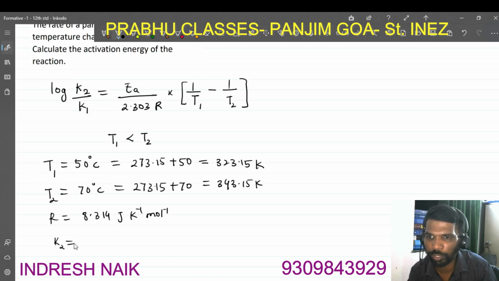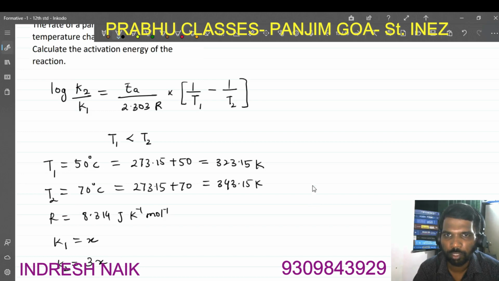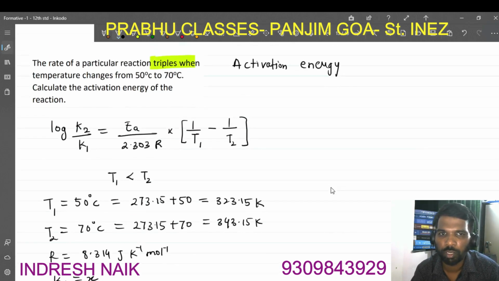So if K1 is X, then K2 is what? It triples, no? So 3 times X, right? So we'll substitute all the values in this formula.